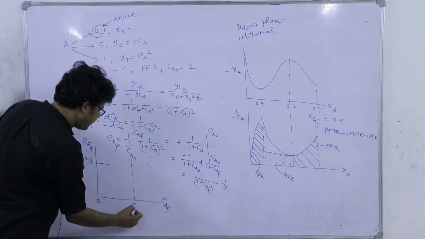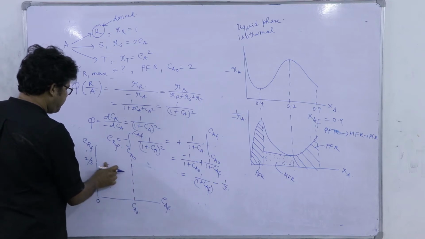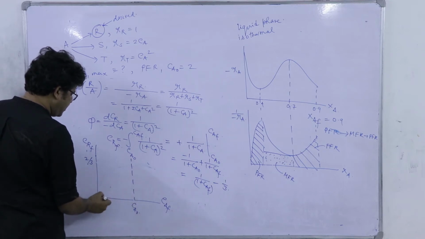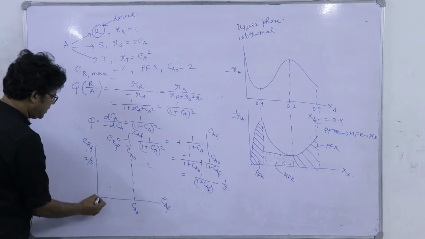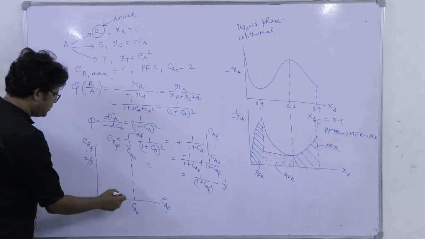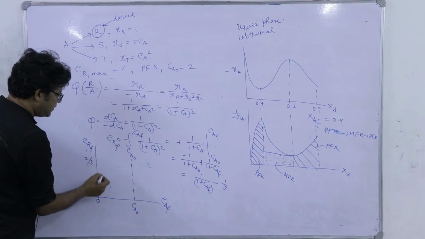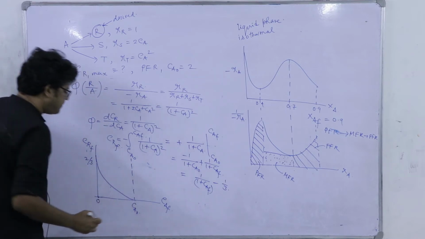CA0 is just the opposite. When CA0 is 0, CAF equal to 2/3, CRF equal to 2/3, and CA0 is 3, so it is something like this.